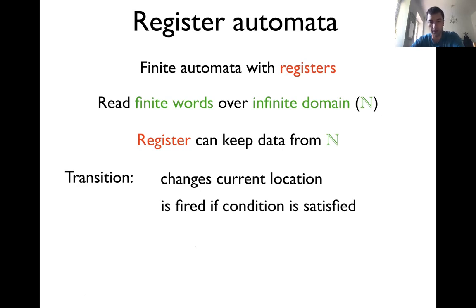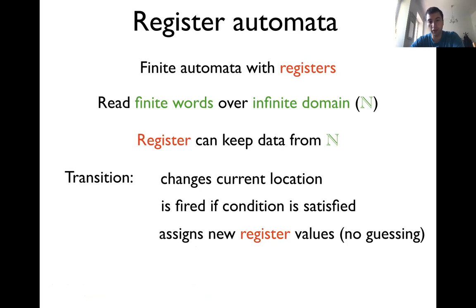Okay. And what is the effect of a transition? It assigns new values to registers. So for example, the current data value can be put into register number 1 and number 7, and register number 3 can now keep the previous data value from register number 4.